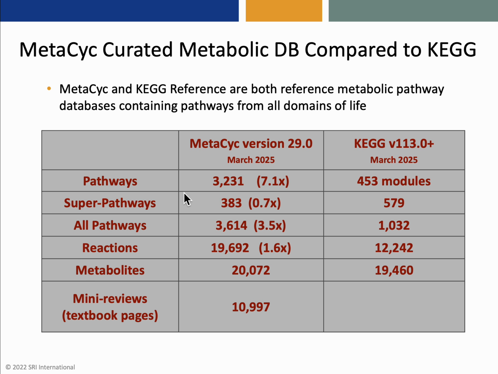The first line looks at the number of pathways provided by MetaCyc versus KEGG, and here we're comparing the biological pathways, what I think of as kind of atomic pathways that are inherited through evolution as a unit, regulated as a unit, and typically present in their entirety in a single organism. So these are relatively small pathways.